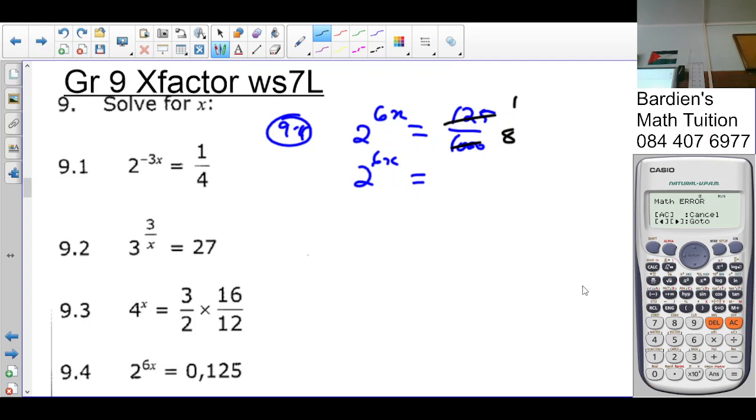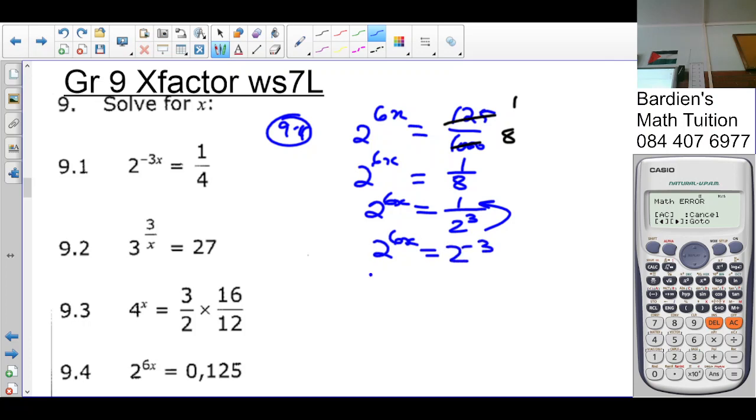So 1 over 8. So 2 to the 6x is equal to 1 over 2 cubed. You bring this up, so 2 to the 6x is equal to 2 to the minus 3. Therefore, 6x equals minus 3. Divided by 6, x is negative a half.